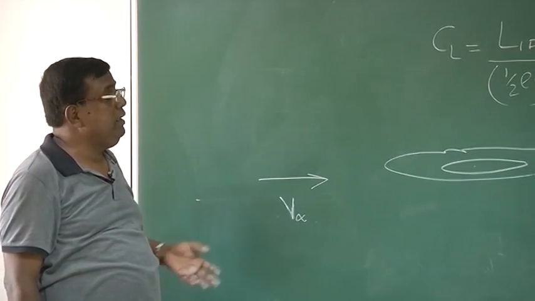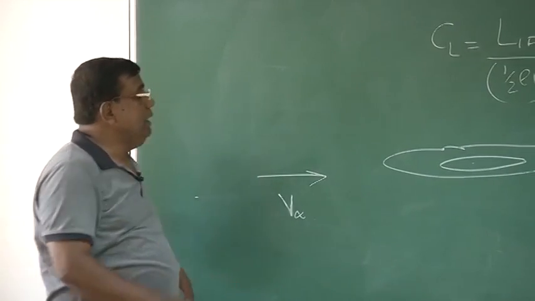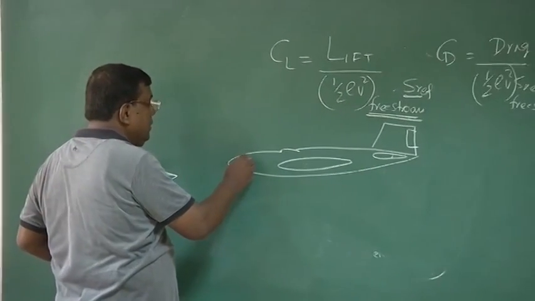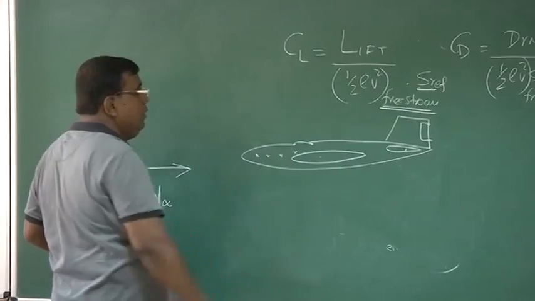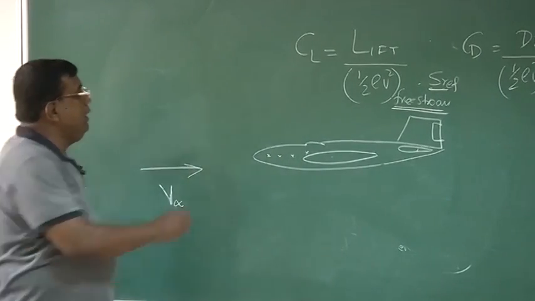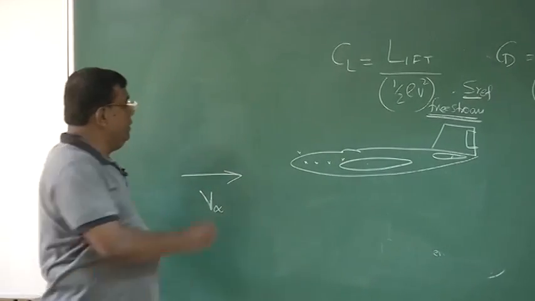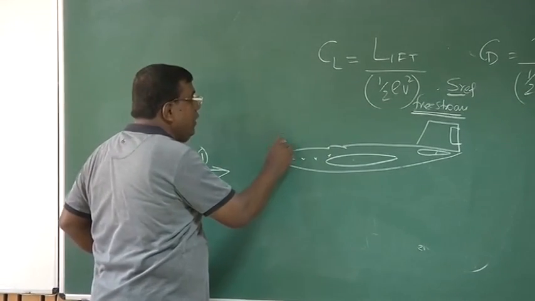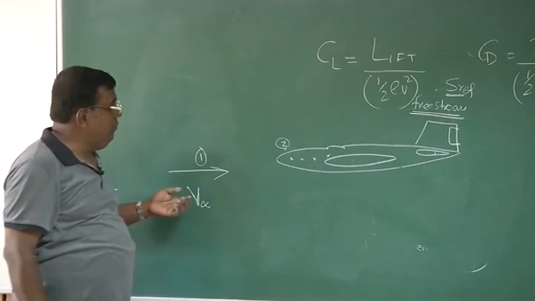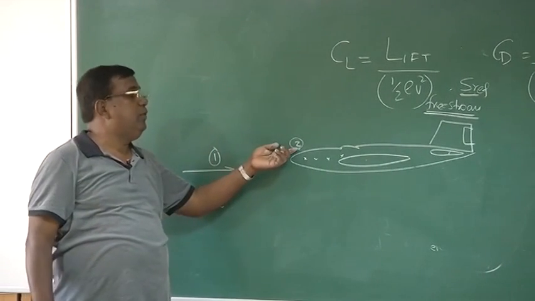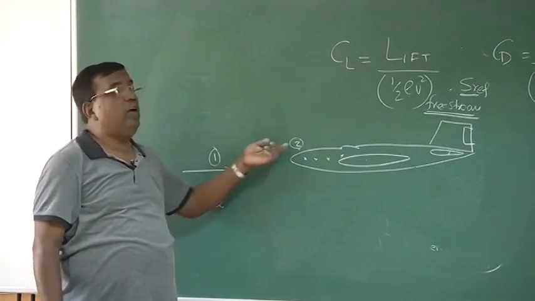What is the meaning of free stream condition? We are trying to address that. If I come close to this body, so here, here, here, for that matter, if this is V1, and if I take this point 2, will the velocity at point 1 and point 2 be same, or speed at point 1 and point 2 be same?